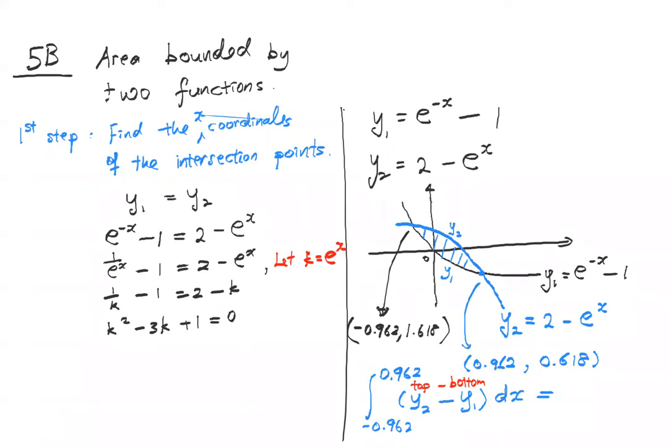Are you clear? We don't care whether it's above or below the x-axis. We only care which curve is on top, which curve is below, because this area only has two sides. That is the two curves themselves. Are you clear? So you use your calculator and get the answer.